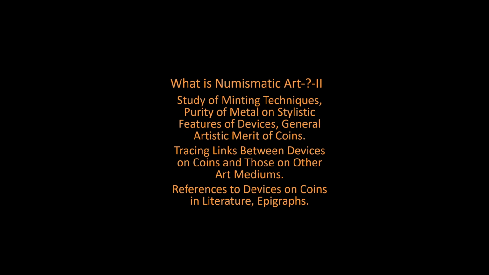Then, taking this forward, study of the minting techniques. There are basically three major types of minting techniques, as we all know: the punch marking, the oldest, and what today we say the most primitive or fundamental. Then it's casting, and finally die striking. And today all coins are die struck and machine made.